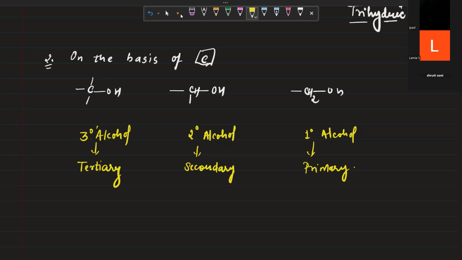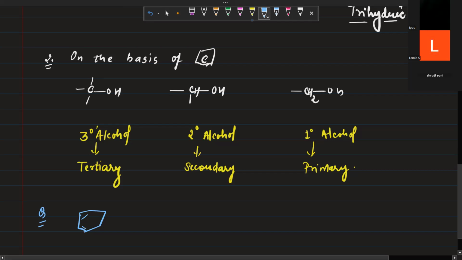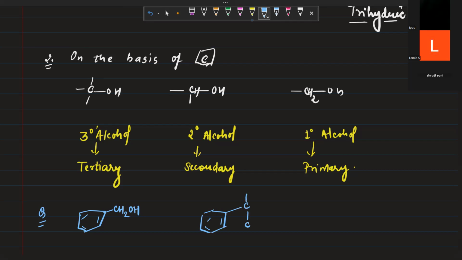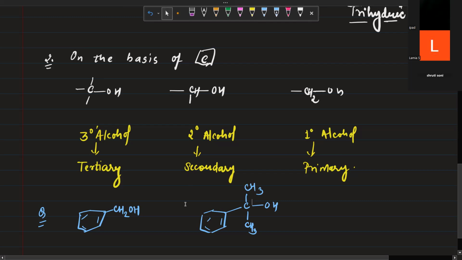Then let's suppose I'm giving you some examples, and you identify whether the given alcohol is 2 degree or 1 degree. Tell me, the first organic compound is 1 degree, 2 degree, or 3 degree?